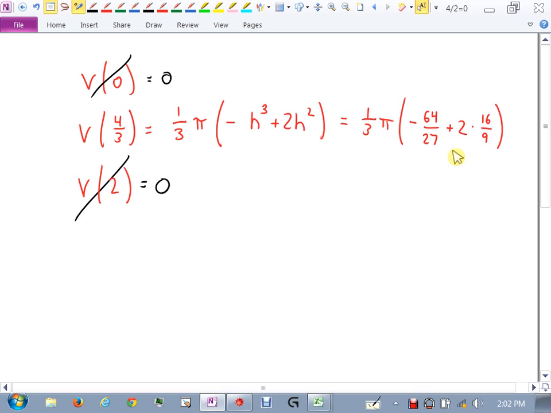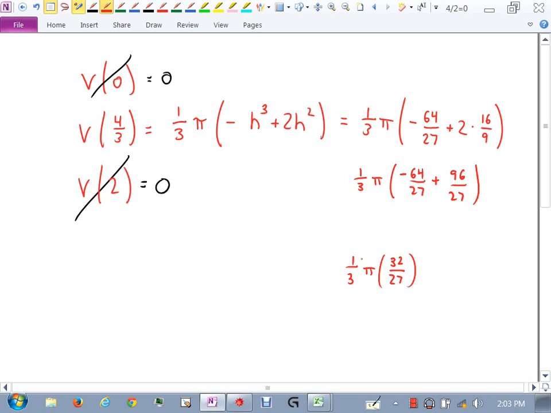Is that okay or not? I don't know. What is it? 1/3 pi times 64/27 subtracted from, let's see, that's 32, and multiplied by 3, that's 96/27. Subtract, I get 32/27 times 1/3 pi. I'm just doing this in my head, so I might be off a little bit.